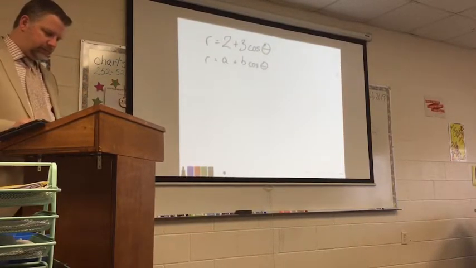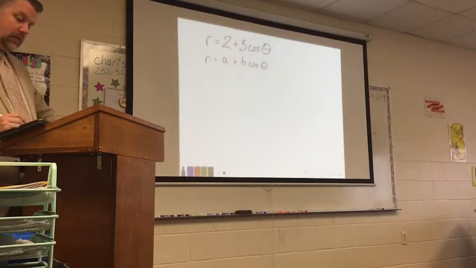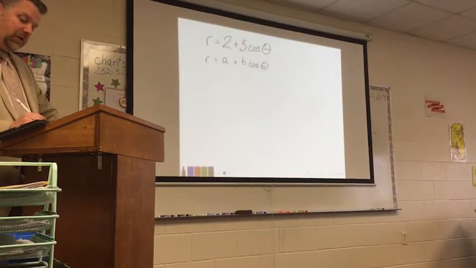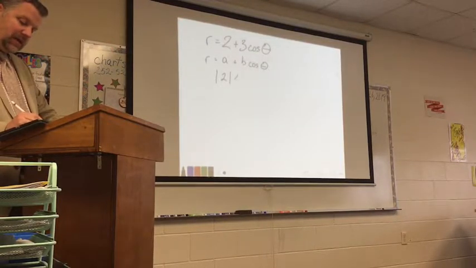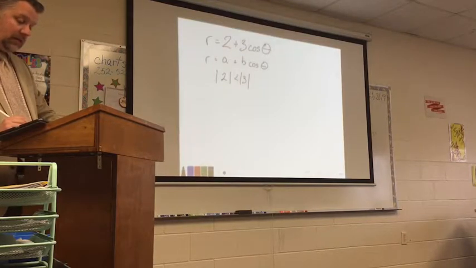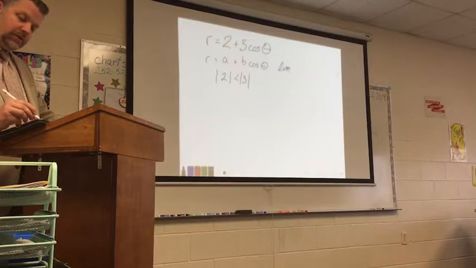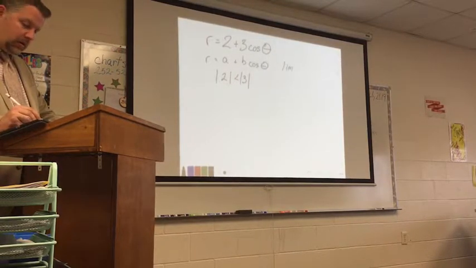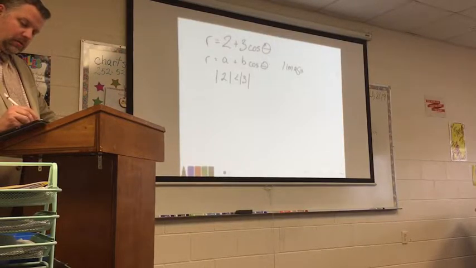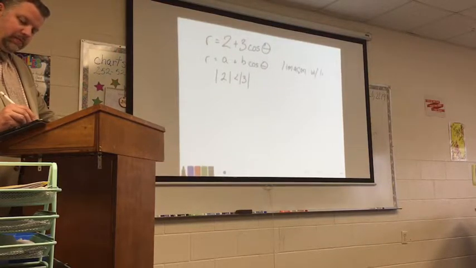Also, A here is 2, and the absolute value of 2 is less than the absolute value of B. So that indicates that this is a limaçon with a loop.